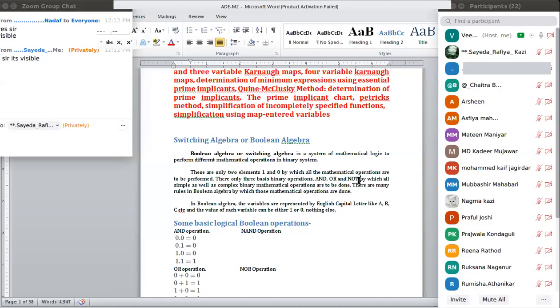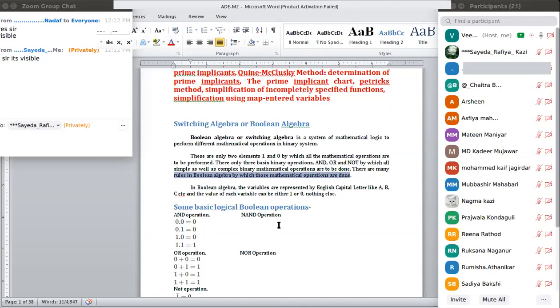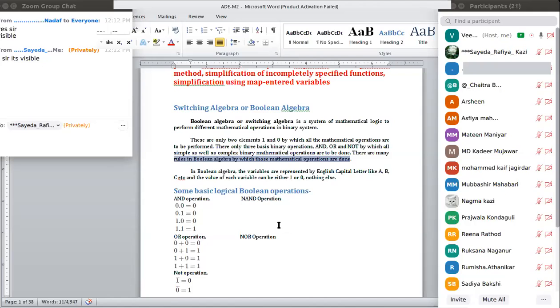Through these operations, simple and complex binary mathematical operations can be solved by using these basic three operations. There are many other rules that we will see which are applied by using these three operations.